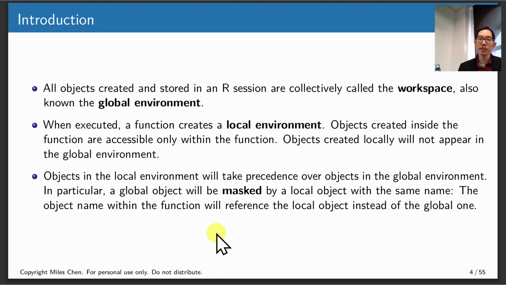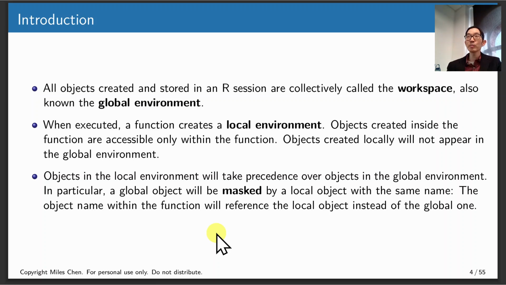Objects that are created inside the function are accessible only from within the function, and objects created locally inside that function do not appear in the global environment. And so that's how R makes sure that execution of functions doesn't overwhelm your environment and things like that.